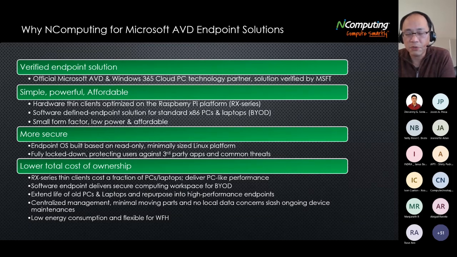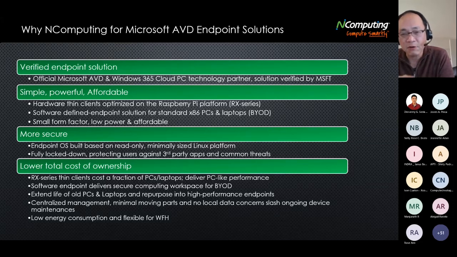So if we look at the initial acquisition cost in the context of AVD, a solution deploying desktop in the cloud on Azure, you can reuse your old PC laptop and turn that into a high performance AVD endpoint. What I mean by that is because we optimize the code so much, that if you run a PC laptop using the native Windows application to run AVD, a lot of times that will actually be slow because the underlying Windows operating system for the PC laptop is slow.